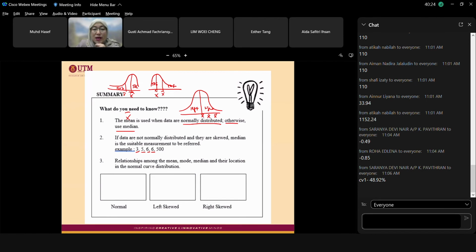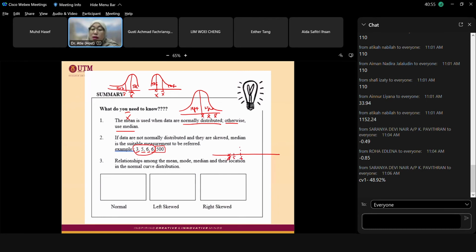Right. So if you look at this data set, people, we have only 3, 5, 6, 6. These four numbers are actually very close together, but this one is very far away from the rest. Just imagine you want to draw this: you have 3, 5, and then 6 two times.